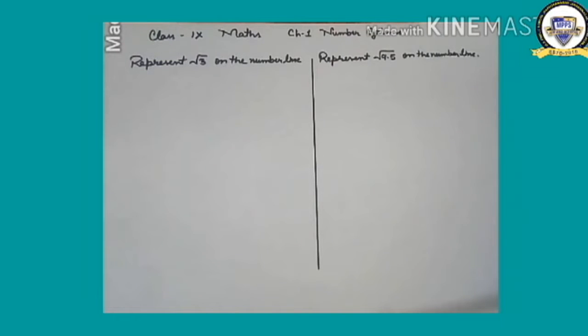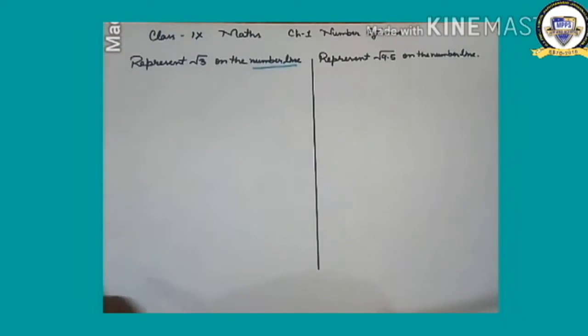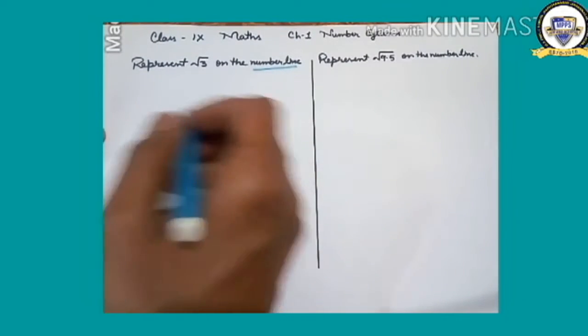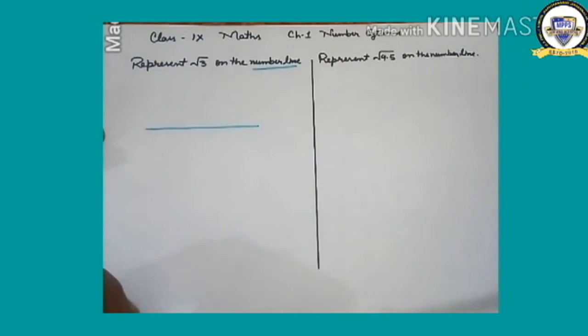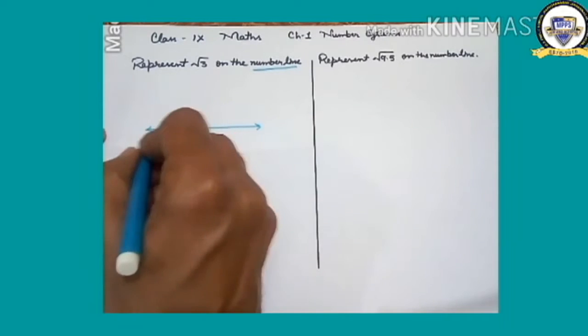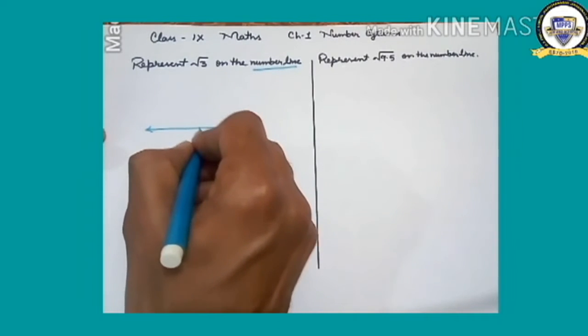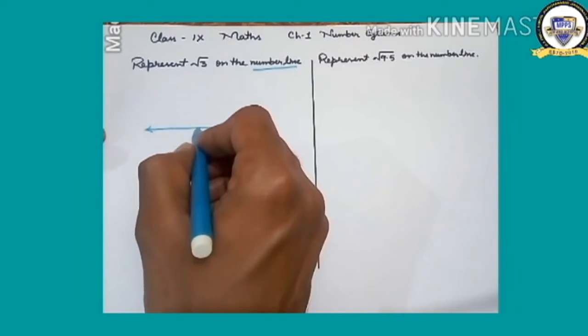In the given question, square root 3, you have to represent it on the number line. That means you have to firstly draw a line. Suppose this one is a number line in which 0 is here.